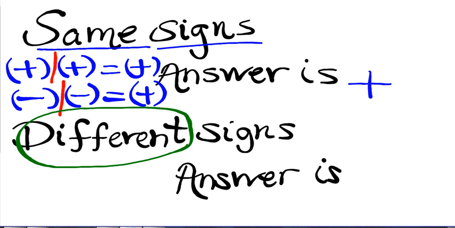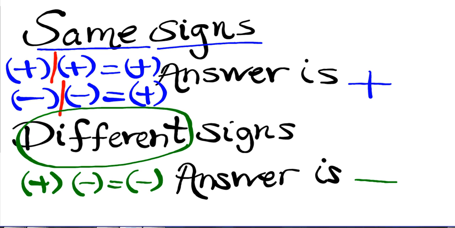All right? Now, if my signs are different, as in the word different, my answer is going to be negative. The final answer will be negative if my signs are different. So if I have a positive times a negative, then my final answer will be negative. A negative times a positive, it doesn't matter the order, my answer is still negative.